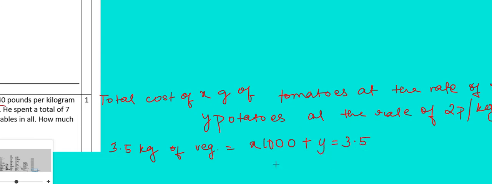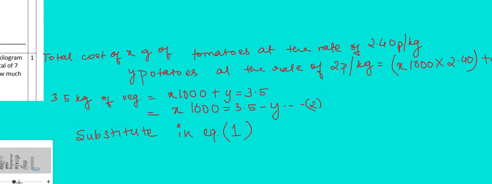If we bring the Y to the right hand side, we will get X over 1000 is equal to 3.5 minus y, as we shift it, so the plus changes into minus, and this is our equation 2.